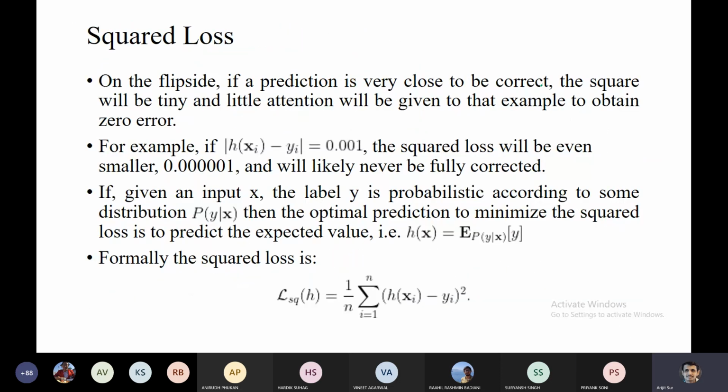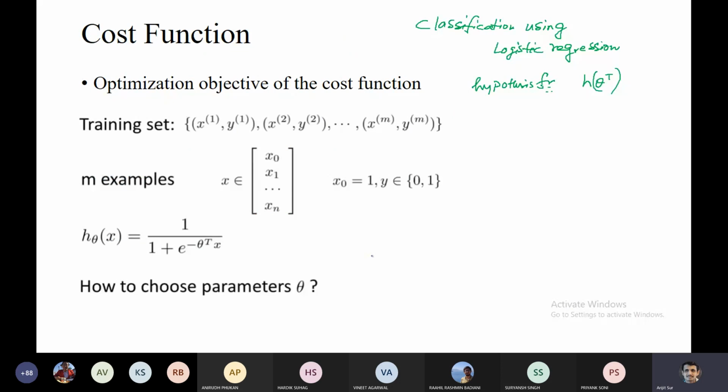Here we're going to find the associated cost function for this logistic function. So what is our logistic function? h theta of x is 1 divided by 1 plus e to the power minus theta transpose x.